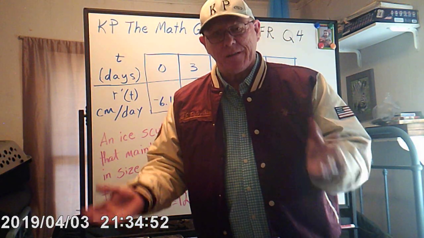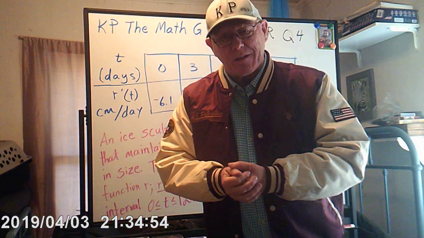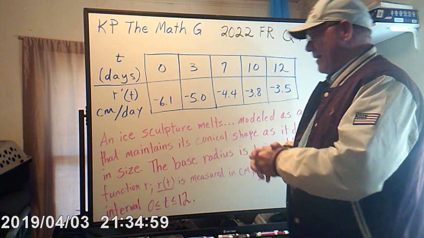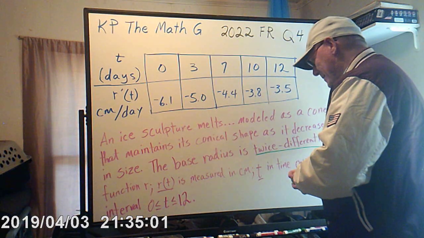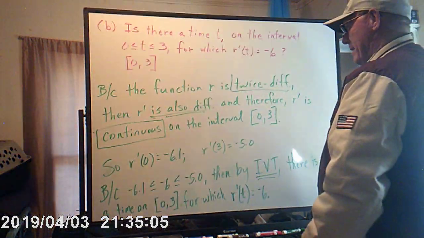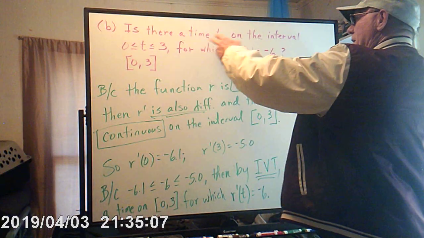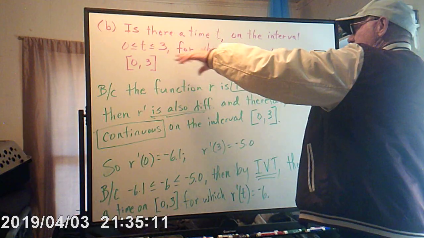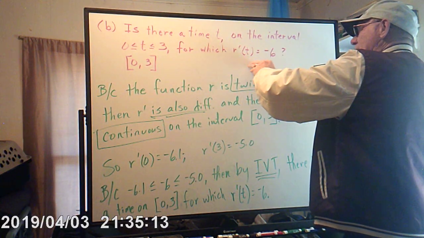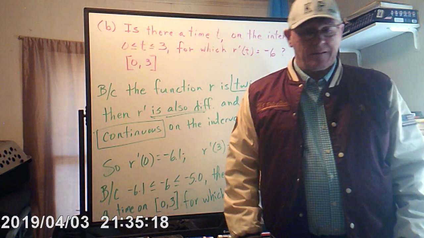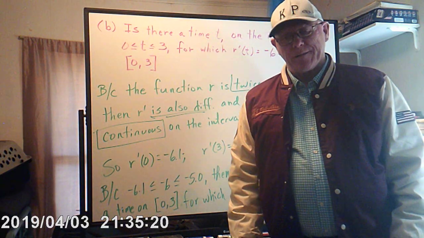Continuous. Keep that in mind. Oh, we might be looking at IVT. Yeah, in this case, we are. Is there a time t on the interval for which R prime at t is equal to negative 6? Anytime you see that, IVT.